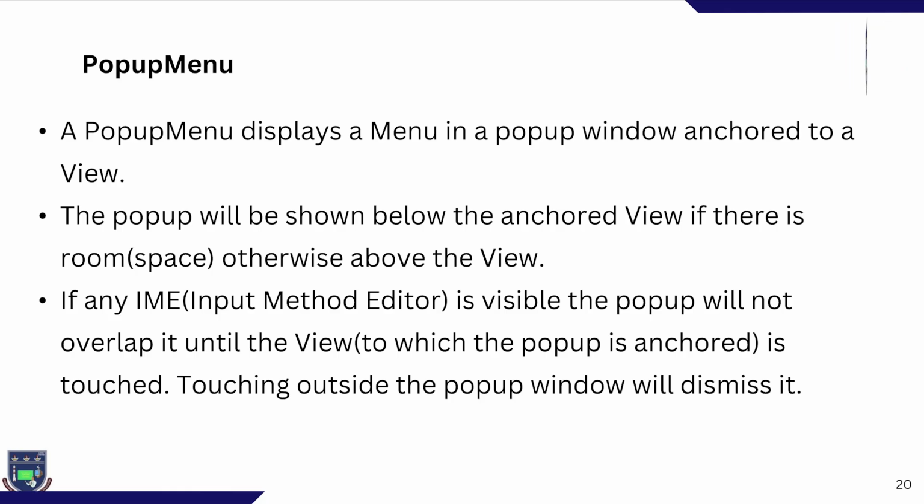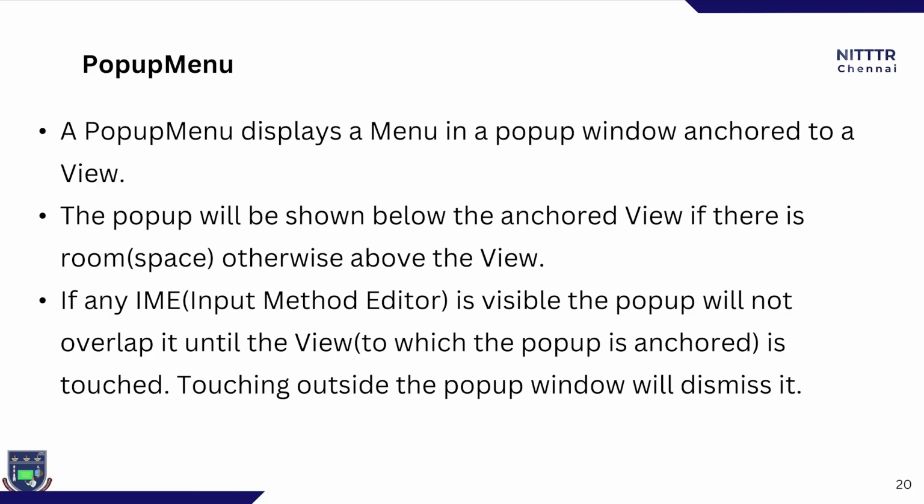So next we will move into the next topic, the Android pop-up menu. The Android pop-up menu displays the menu in a pop-up window anchored to a view. The pop-up will be shown below the anchored view if there is room or space, otherwise above the view.